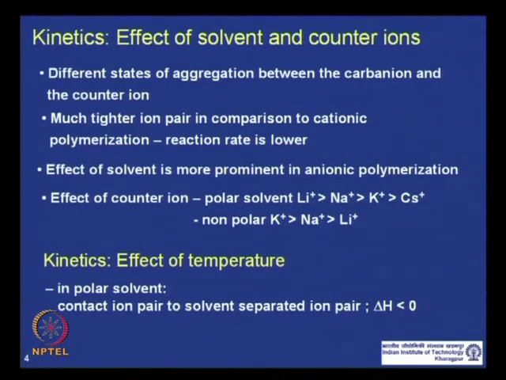But to say the least, in a polar solvent, if you increase the polarity, the contact ion pairs get separated, and by this process the individual ions get solvated, and as a result it is an exothermic process. So, if you increase the temperature, the equilibrium is pushed to the left-hand side, which means the ions move comparatively towards the tight ion pair side.